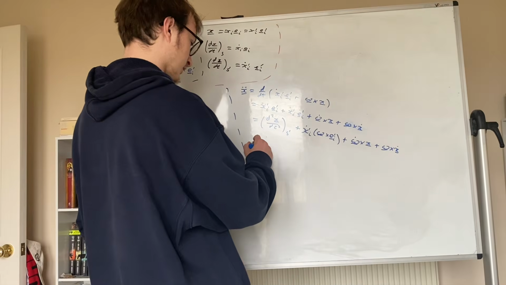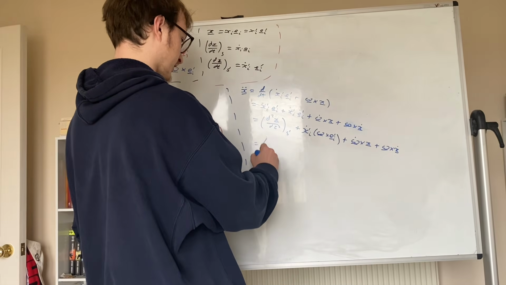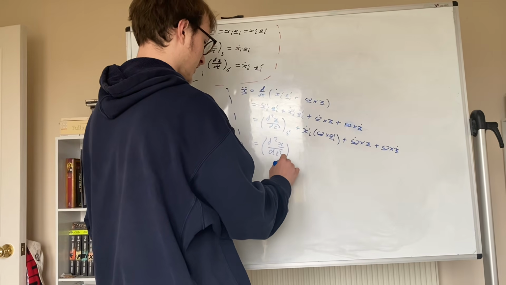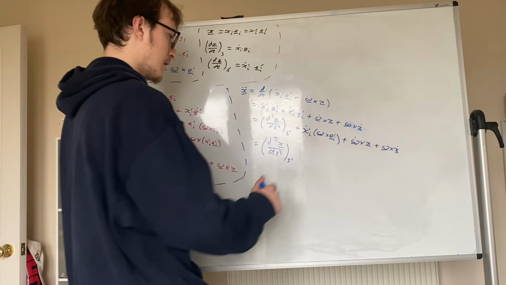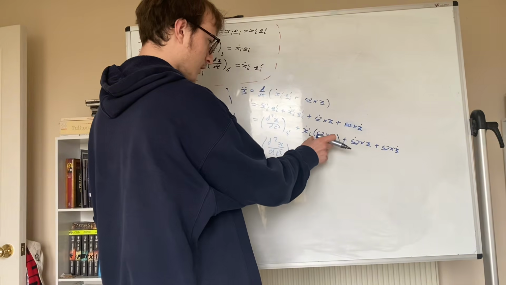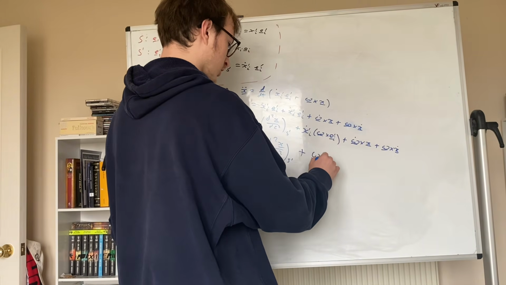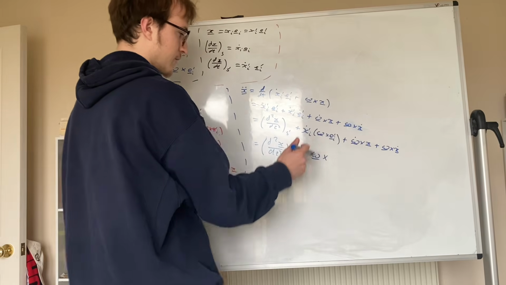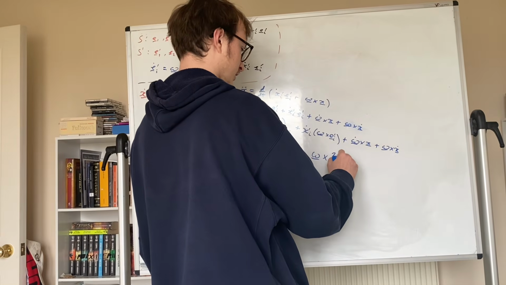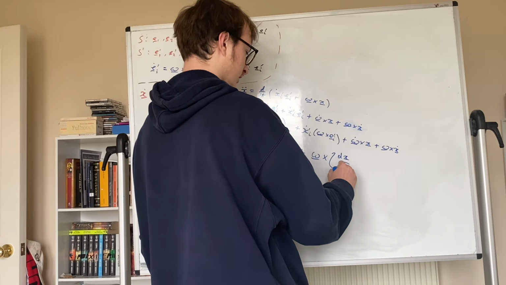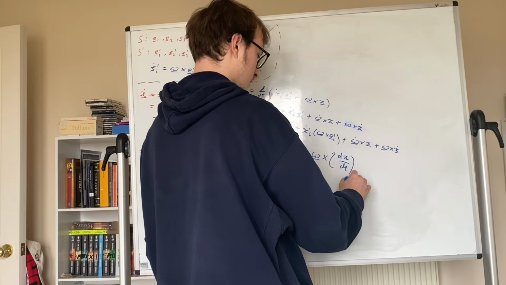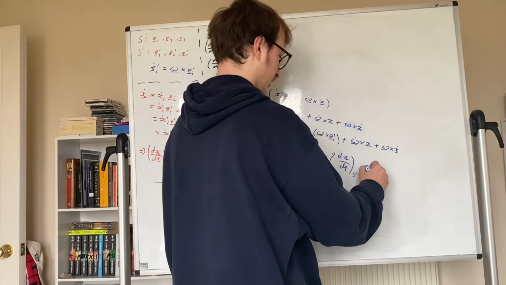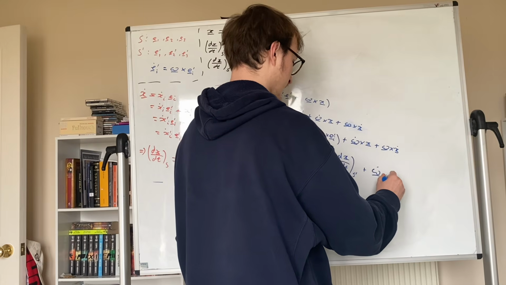This is just equal to, so we keep this the same, the second derivative of x with respect to t in our frame S prime, plus, and now we get omega cross, because we bring the xi prime dot inside, and then we get that this is precisely dx dt in S prime, plus, and then there's nothing we can really do about that, so we just keep that the same.